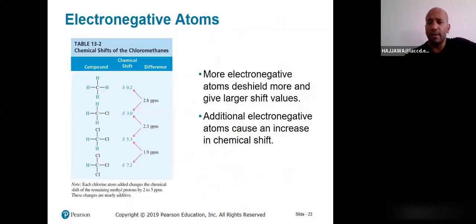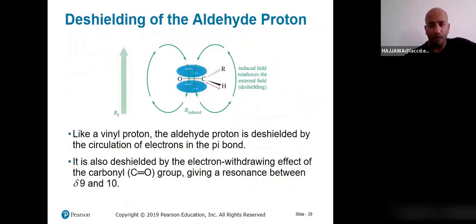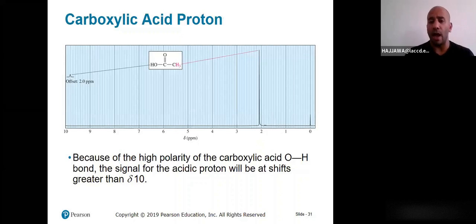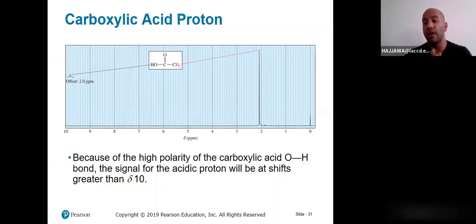So let's go back to that acetic acid. We notice that we have a hydrogen attached to an oxygen and a hydrogen attached to carbon. So I have 2 different types of hydrogens, therefore I should be finding 2 different peaks. Here's a peak that's around 2 ppm, and here's another peak that usually shows up around 2 ppm.